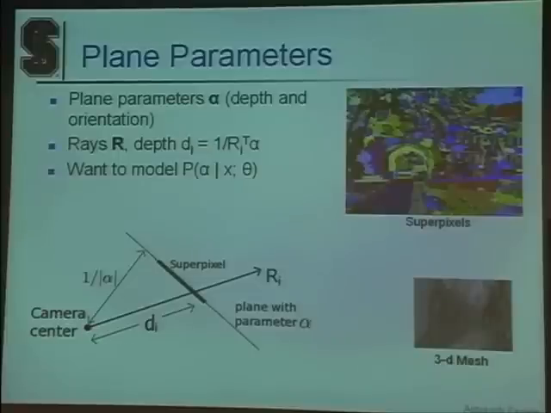So if this is the camera center, and we are interested in knowing the depth and orientation of this plane, then we represent this plane by plane parameter alpha, and the distance of the plane from the camera center is given by 1 by norm of alpha. You don't need to worry about the mathematical details, but this is just a representation.